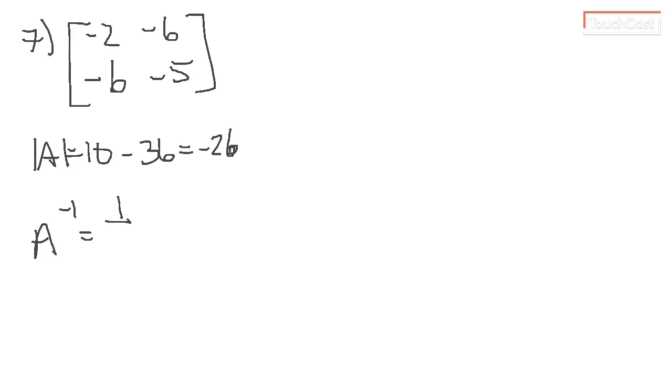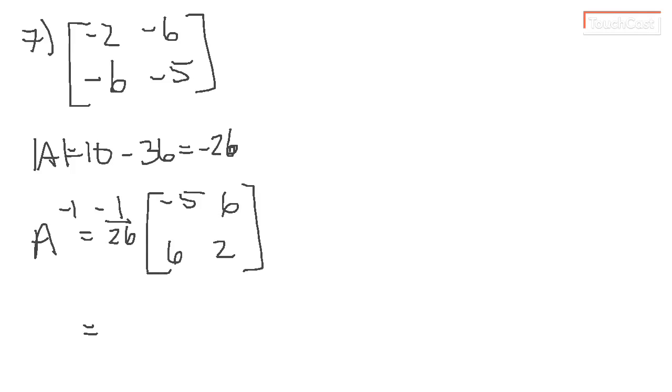Which means when we're multiplying for our inverse matrix, we're going to take negative 1/26 times negative 5, 6, 6, 2.